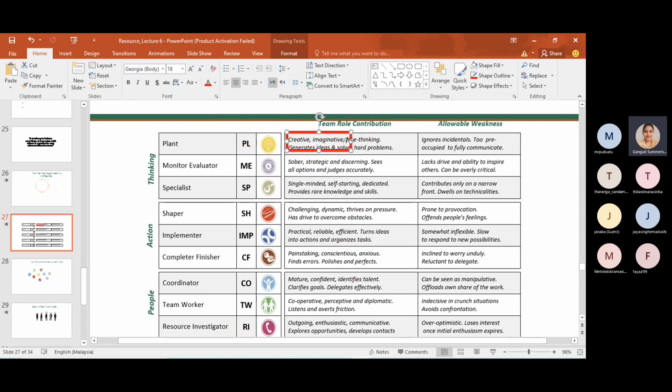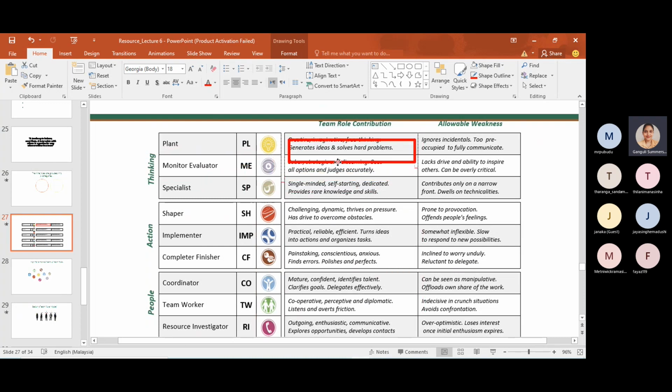And here is the behavioral pattern. In the second column, you can see a description about the behavioral pattern of this role. So plant means what kind of behavior? The behavioral pattern of plant. How does a monitor evaluator behave? The behavioral pattern of monitor evaluator.